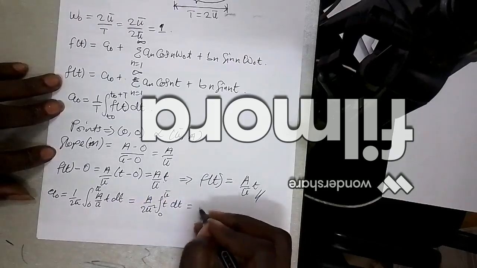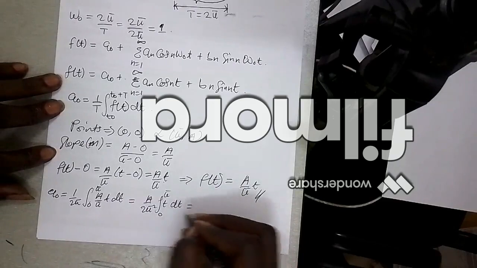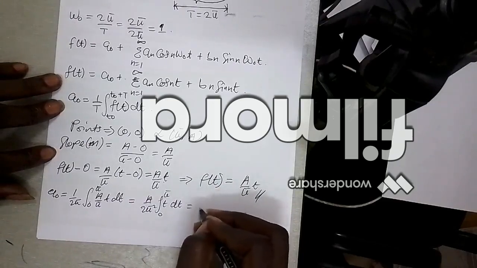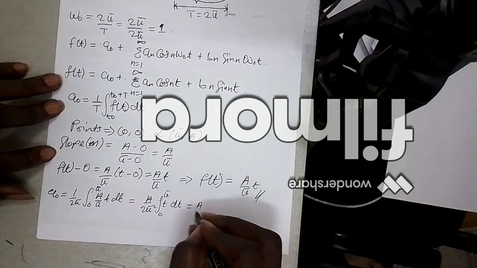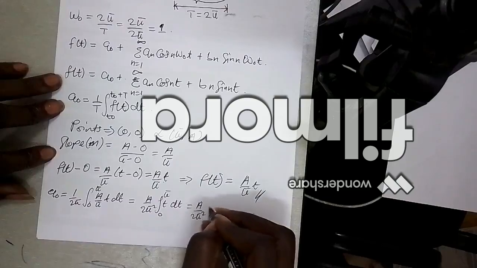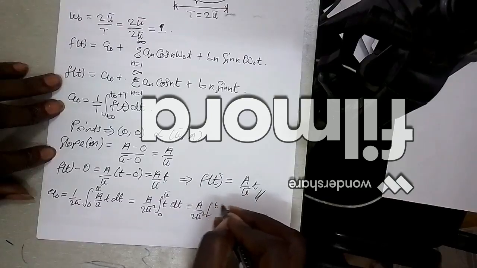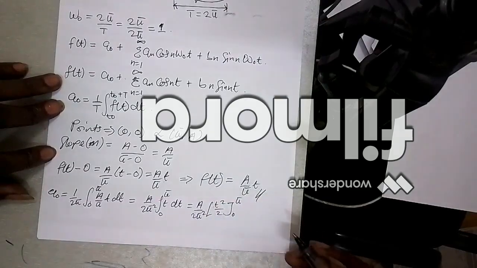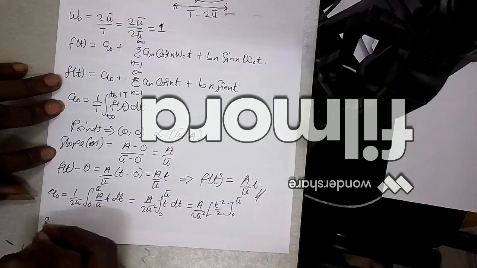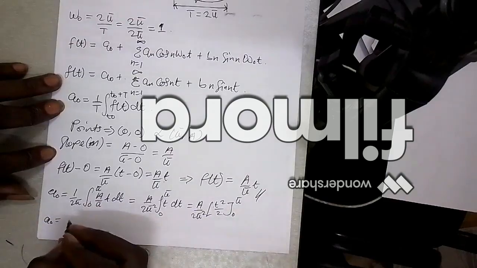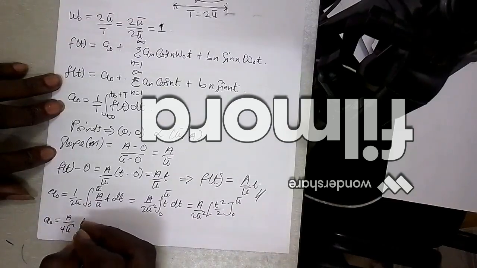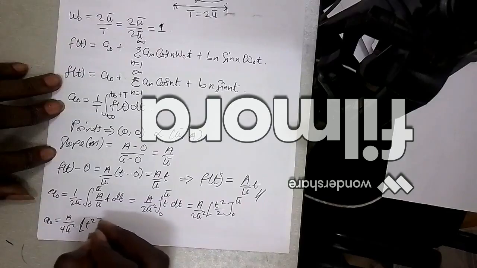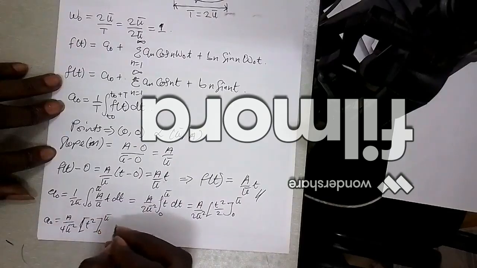This is equal to A over 2 pi squared into t squared over 2 from 0 to pi, so a naught is A over 4 pi squared into t squared from 0 to pi.